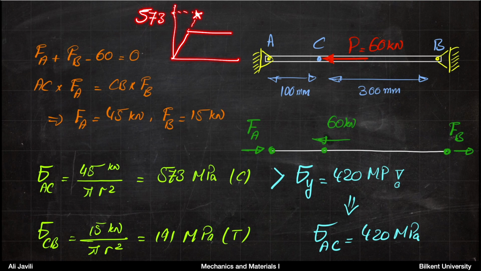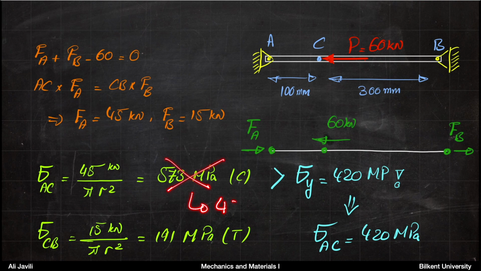It's like a linear extrapolation of what could have happened, but that can never happen because at 420 we need to cut the stress. That's the upper limit for the stress. So basically that tells us that in member AC, the stress that you get here is not valid. The stress would be 420 instead.